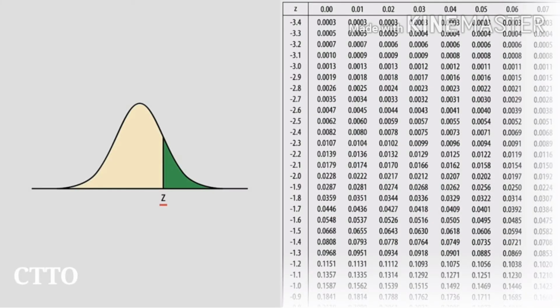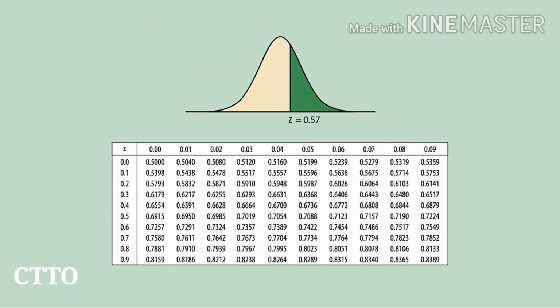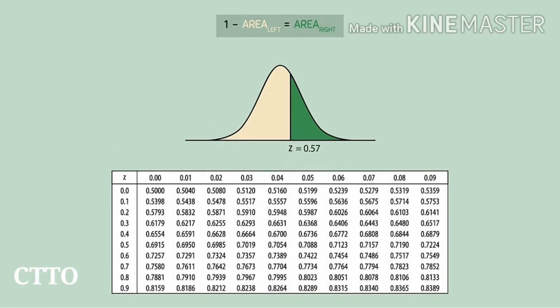We can also use the standard normal table to determine the area to the right of any z value. All we have to do is take 1 minus the area that corresponds to that value. For example, to determine the area to the right of a z-score of 0.57, all we have to do is find the area that corresponds to this z value, and then subtract it from 1.